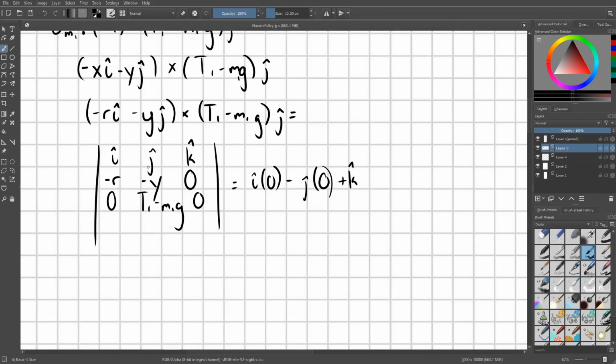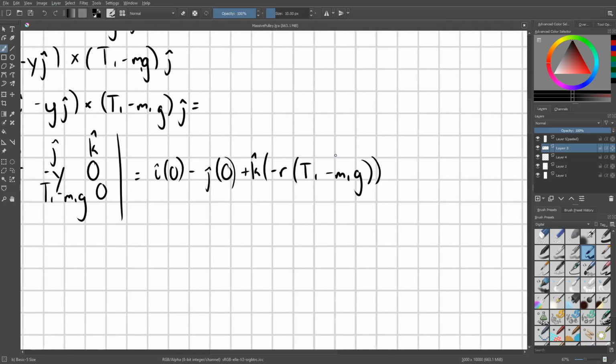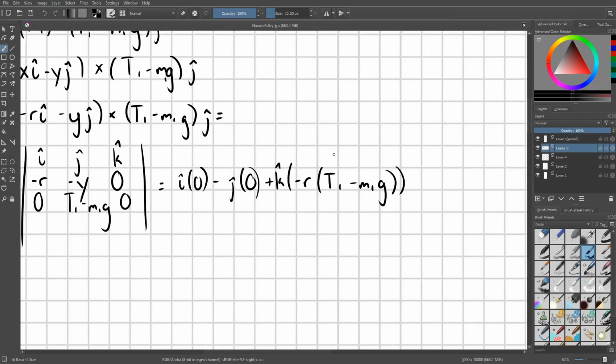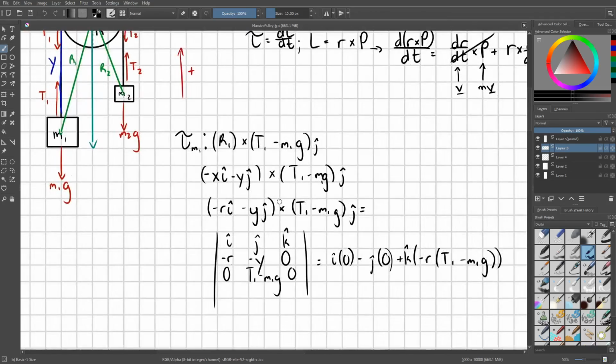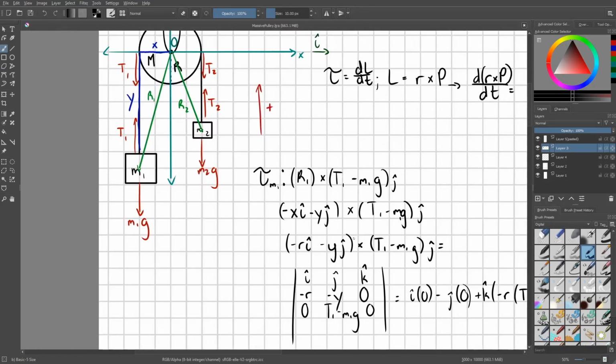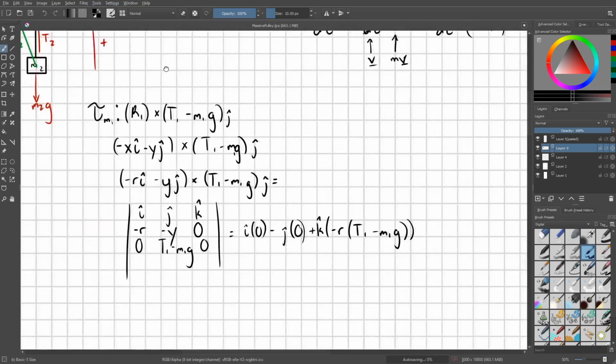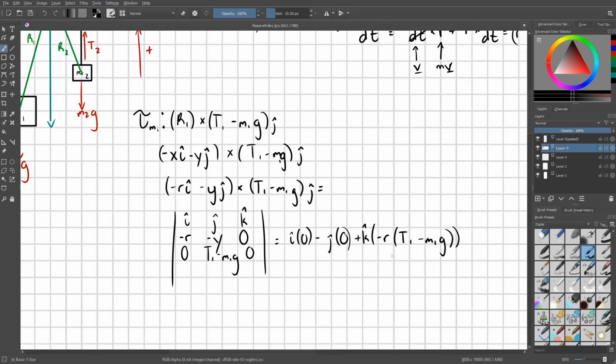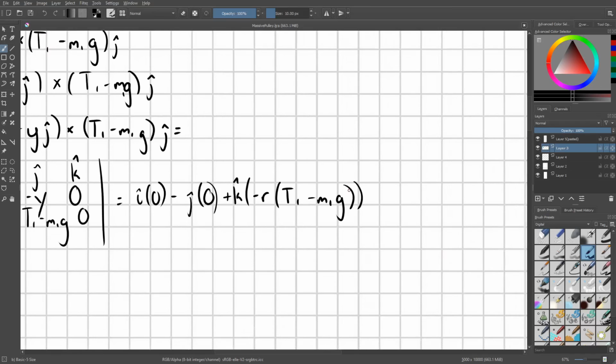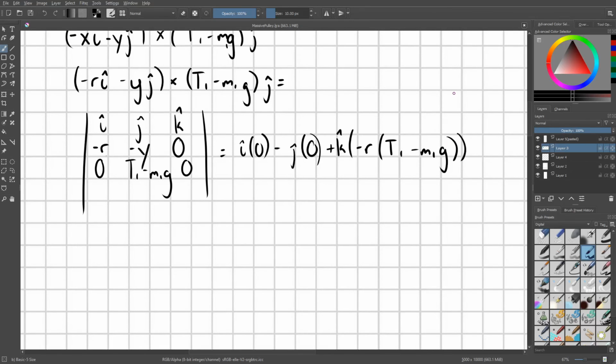And the k-hat vector is equal to negative r times T1 minus M1G. Okay, right, and that proved what I said about why this parallel component doesn't matter in our torque calculation. So I'm going to go ahead and write out that result.